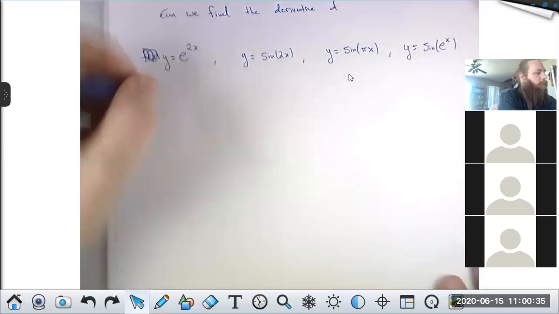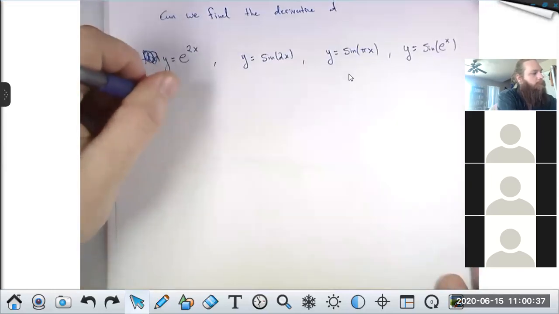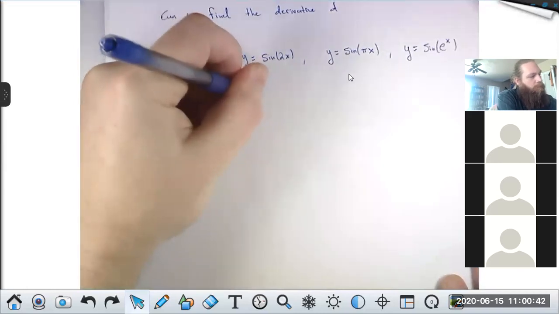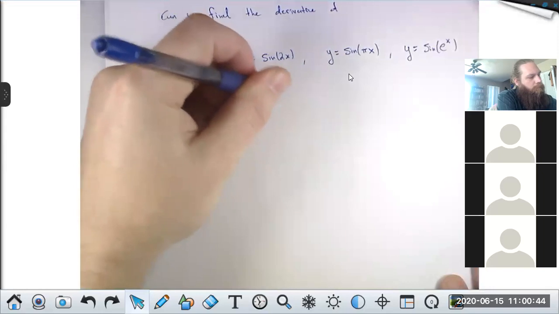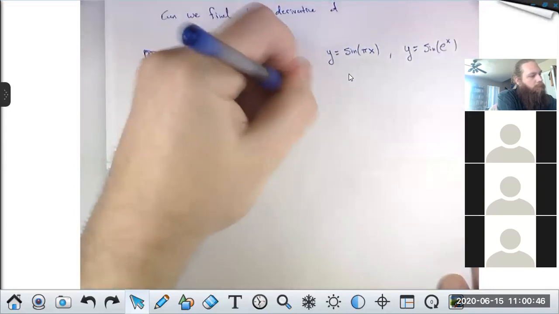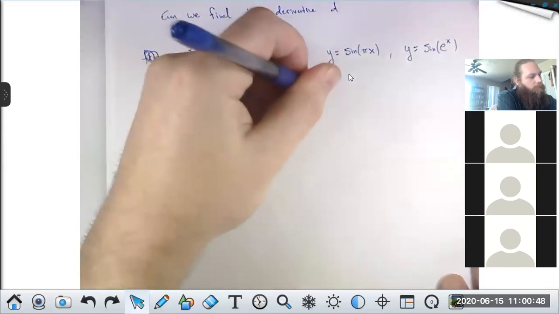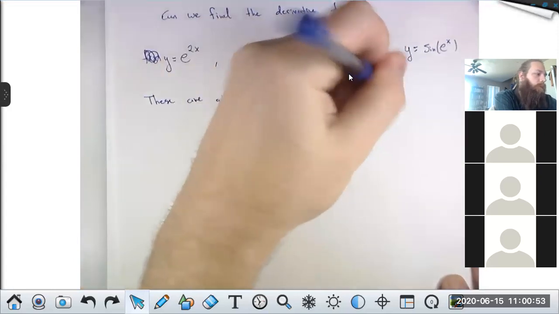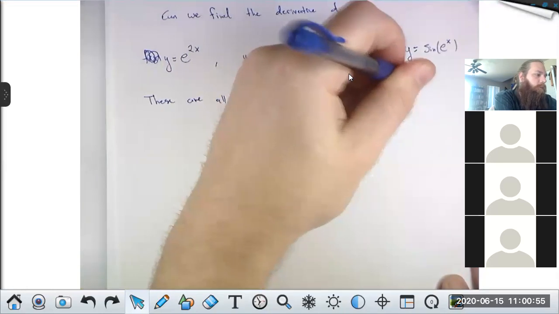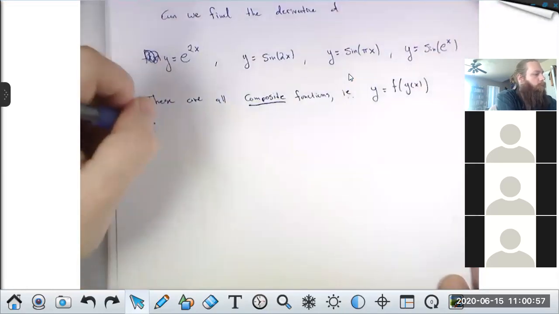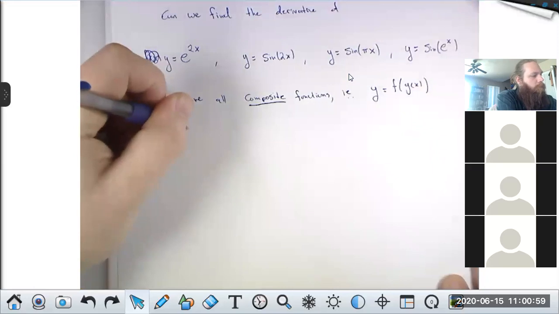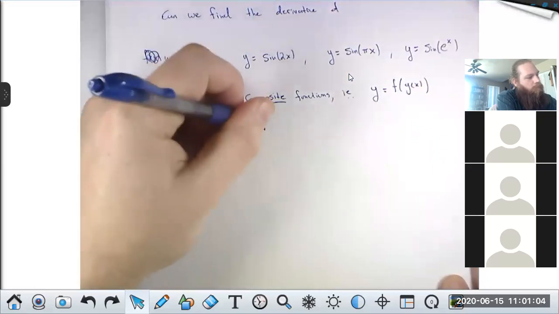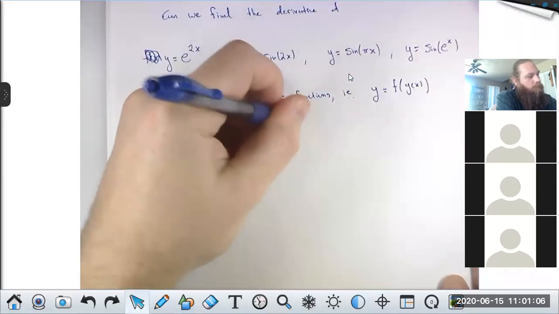These are all composite functions, i.e. y equals f of g of x for some choices of f and g.